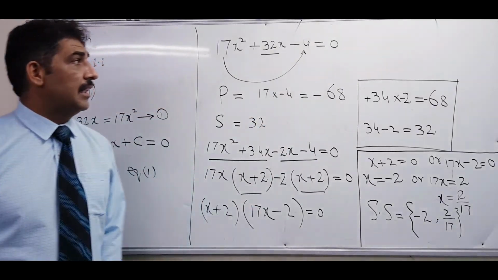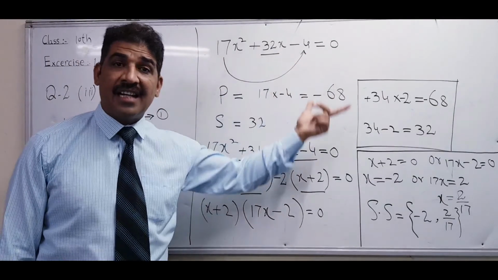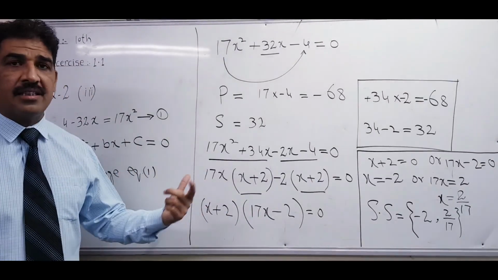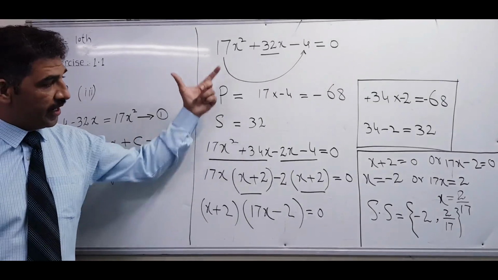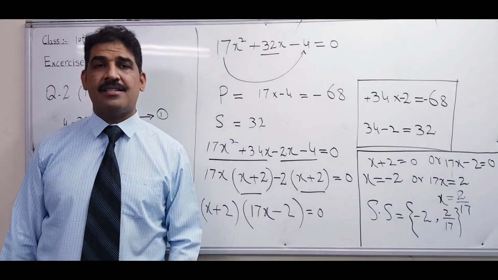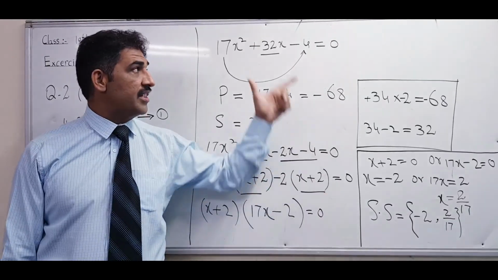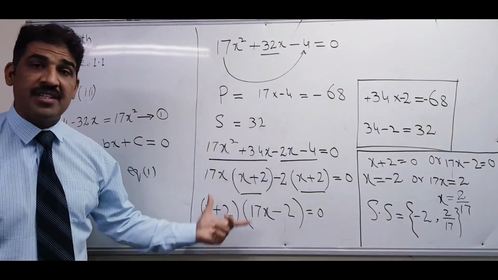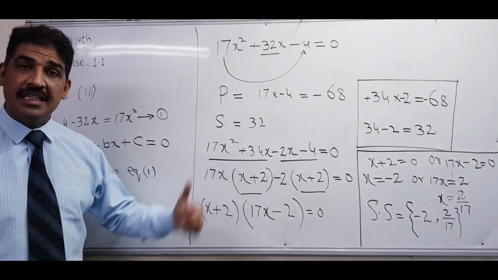If the answer does not match the right-hand side, it means that there is something wrong. Or it is also possible, if you are absolutely correct, then you will say its solution set is the empty set. There is no value to satisfy the condition, so such a type of solution is called an empty set. If your procedure is correct, that is the way of checking.